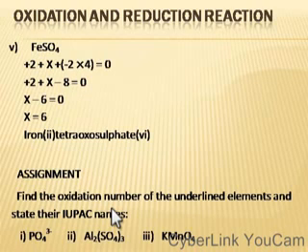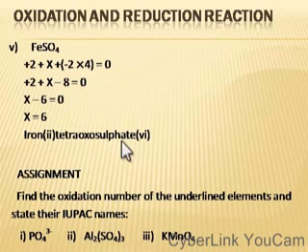Now the last one there is still the sulfur that is underlined. There, iron, we have iron plus 2, plus X, plus minus 2 times 4 because we have 4 oxygen there. So we have plus 2 plus S minus 8 is equal to 0, and S minus 6 is equal to 0. S is equal to 6. So we have there iron(II) tetraoxo, 4 oxygen, tetra means 4.